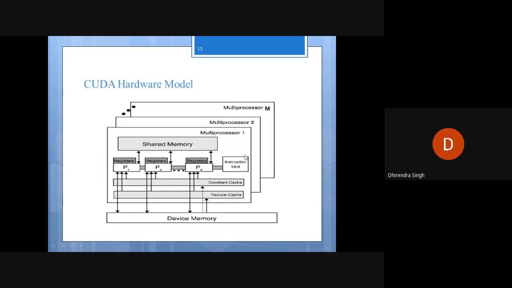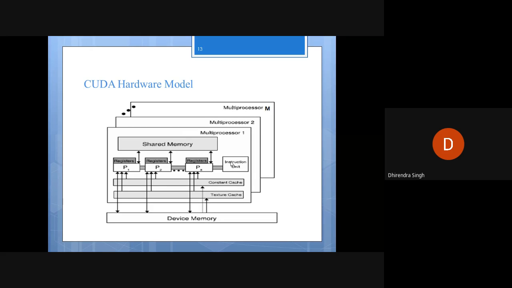Then every multiprocessor has an instruction unit. Okay, so what will happen during the execution? At any given cycle, each core in the multiprocessor executes the same instruction on different data. That's the concept over here.